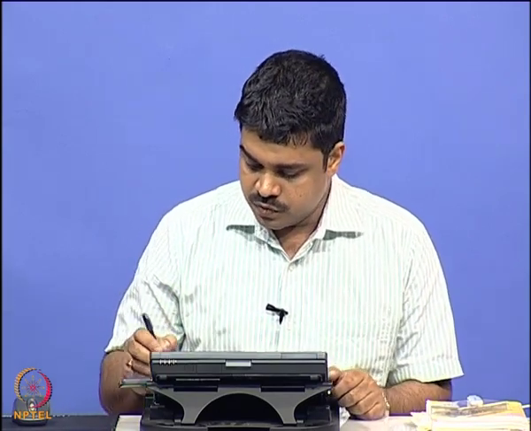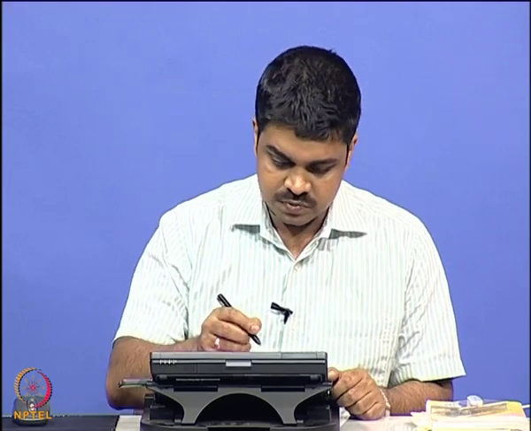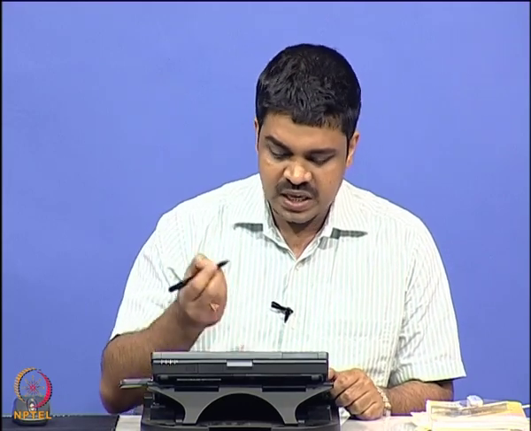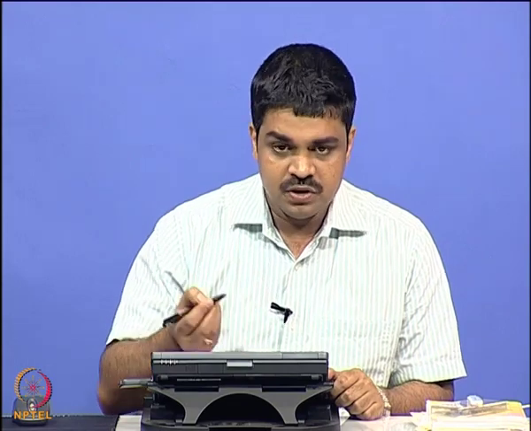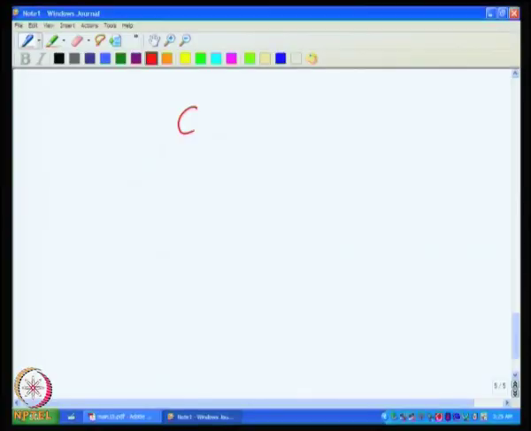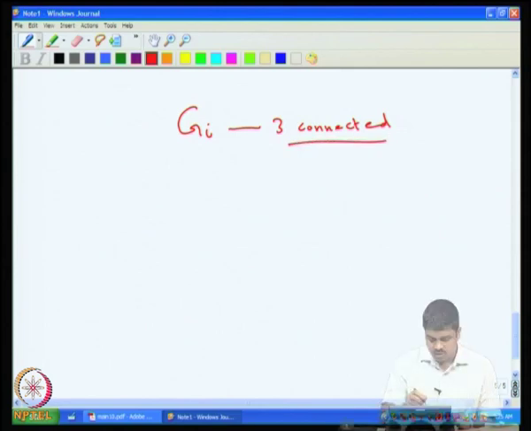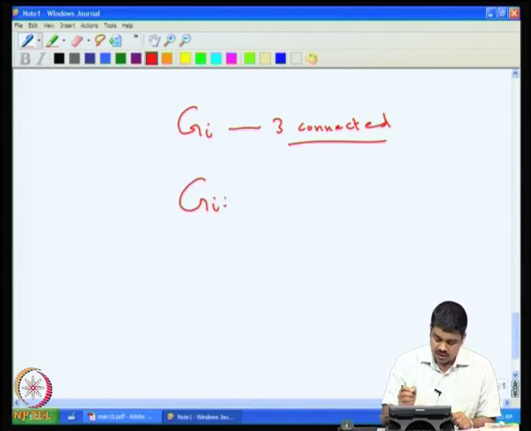So if you want to rigorously prove that, take any graph, say Gi. Currently we have a graph, let this be 3 connected. That means the minimum separator cardinality is 3 or more. Now we found a graph Gi plus 1.